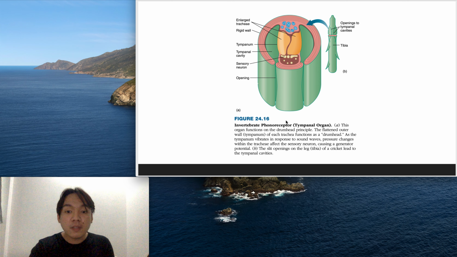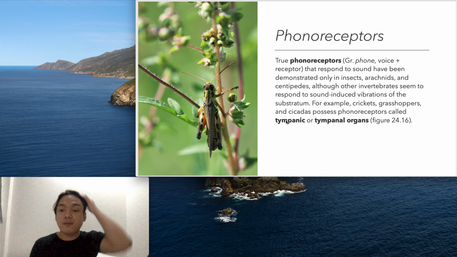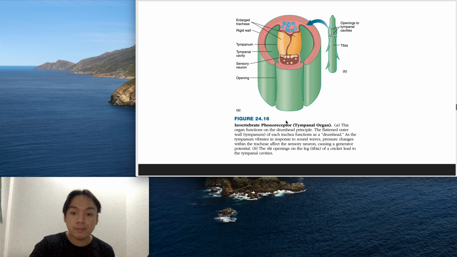Invertebrate phonoreceptors respond to sound, or phone. This is demonstrated highly in insects, arachnids, centipedes, and other invertebrates that seem to respond to sound-induced vibrations of the substratum. This includes crickets, grasshoppers, and cicadas, which possess phonoreceptors called tympanic or tympanal organs. It is like a drumhead principle.